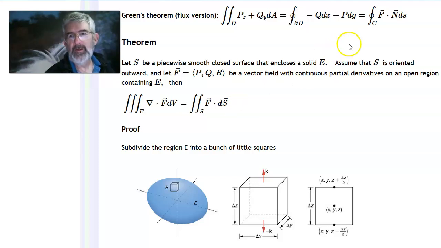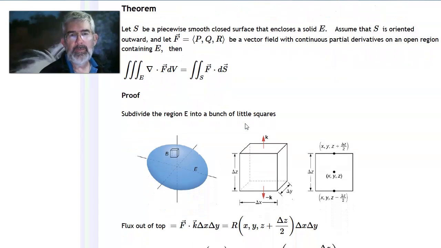And so that looks very much like this here, this N dS, where the lowercase s was a little bit of arc length, and now this is a little bit of surface area, but both times the normal vector N, and then dotted with the vector field. And the divergence of F would just be the partial of P with respect to x, plus the partial of Q with respect to y, plus the partial of R with respect to z. So it's very much like that, with just one more component involved.